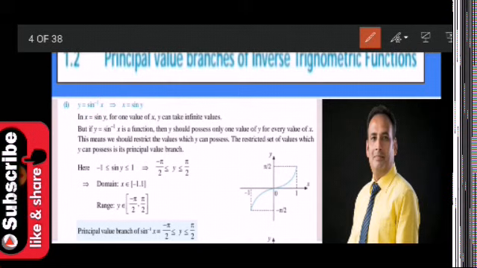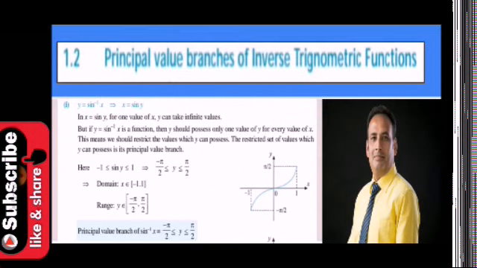But we have to consider a function. If y equals sin inverse x is a function, then y should possess only one value for every value of x. This means we should restrict the set of values which y can possess, its principal value branch.